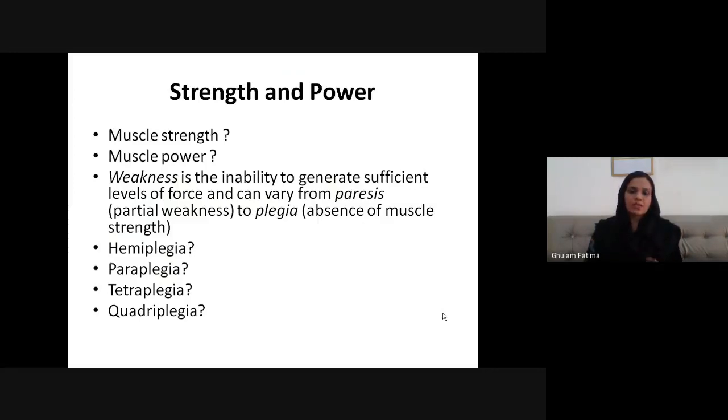This term plegia is very familiar to you, and the further terms hemiplegia, paraplegia, tetraplegia, and quadriplegia are all explanations of the type of plegia the patient can have. I would further like you to answer what is the difference between hemiplegia, paraplegia, tetraplegia, and quadriplegia, and this will be an indication of your participation in this lecture.